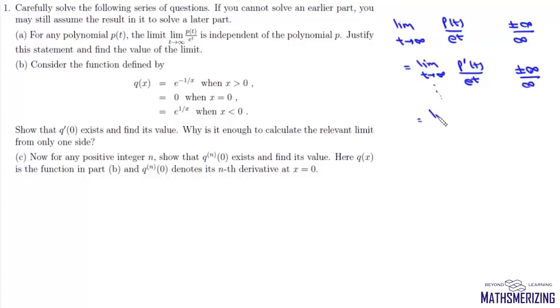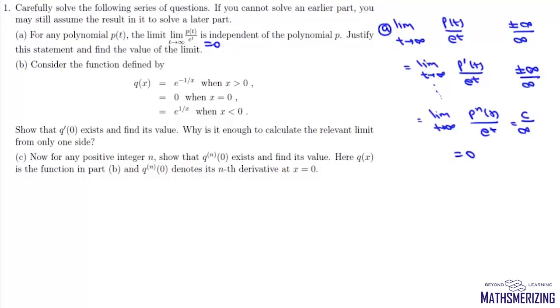We can keep using L'Hopital's rule till we differentiate this function n times, which is the degree of this polynomial. And if we differentiate this polynomial up to its degree, then it will be some constant upon infinity, and any constant upon infinity is simply 0. So this statement is true, and the value of this limit is simply 0. So that's your part A.